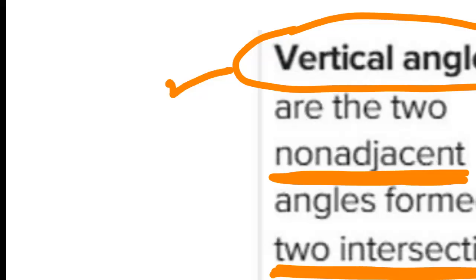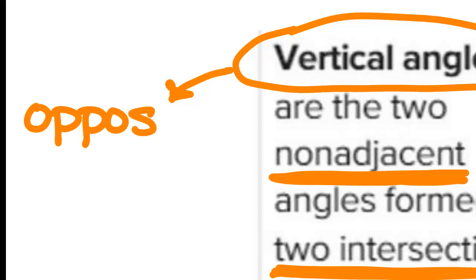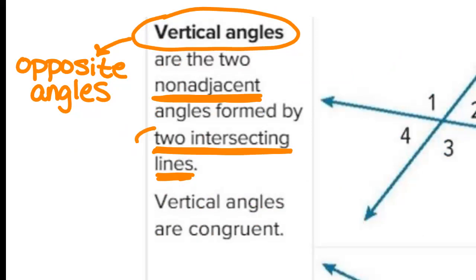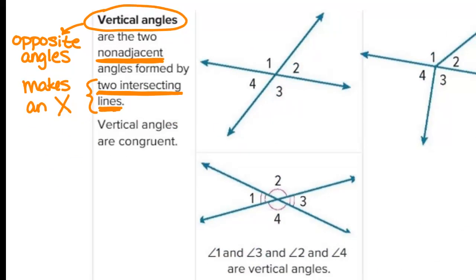So I think of these as opposite angles. When we say two intersecting lines, I mean that it makes an X. And vertical angles are congruent to each other.